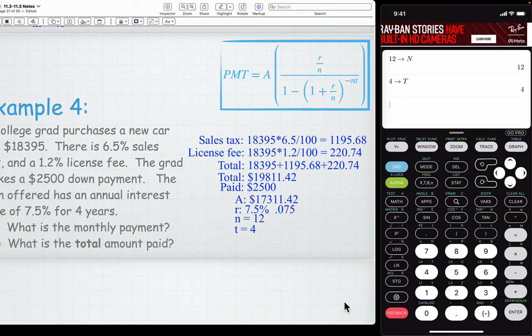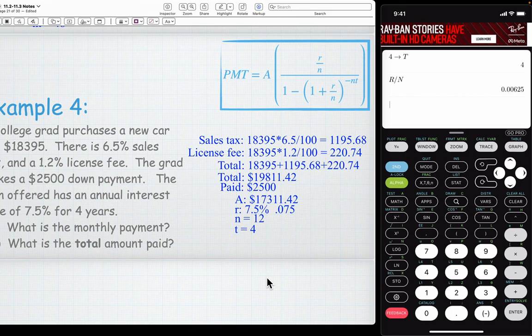Now, typing this entire formula into our calculator is actually pretty challenging. You need to put the top in parentheses and the bottom in parentheses and multiply that whole thing by A, and it's kind of a beast. So I still probably will chunk it, but I might do R over N. And that's the top.